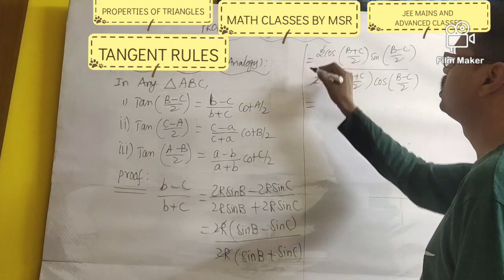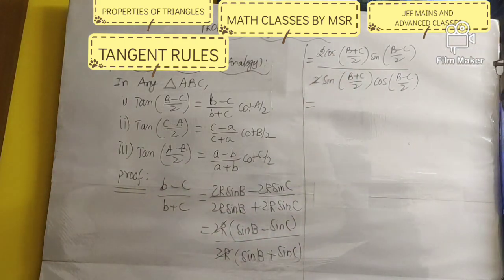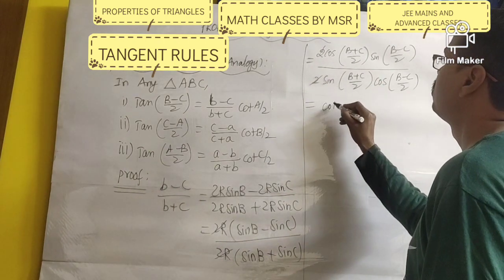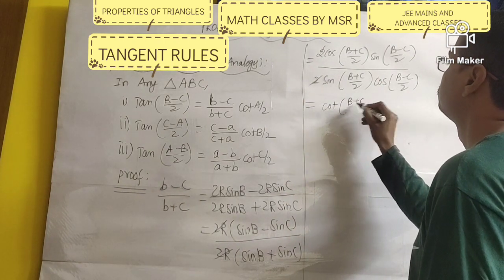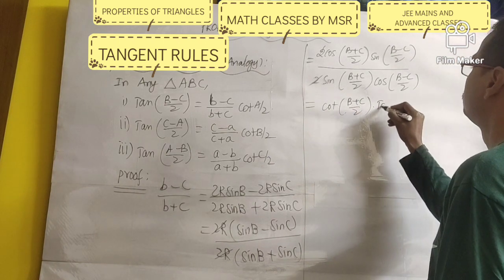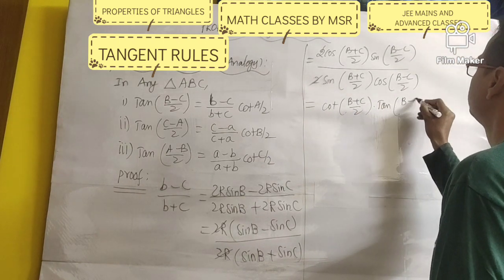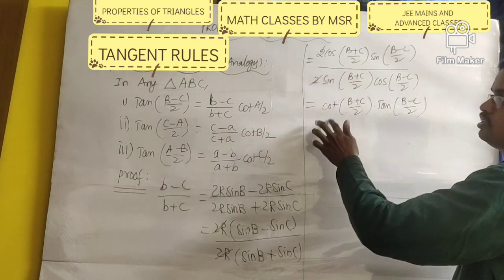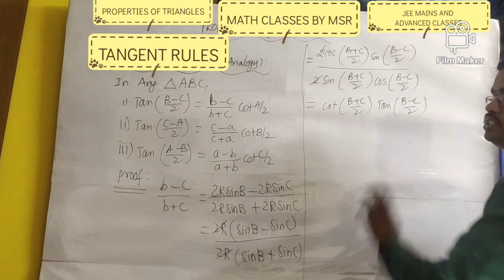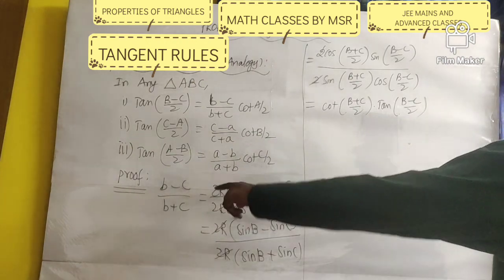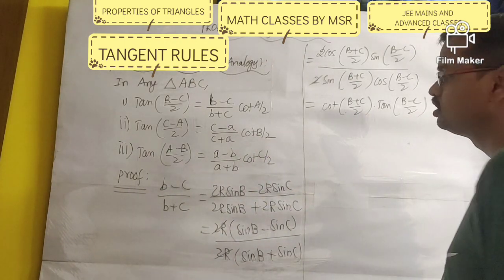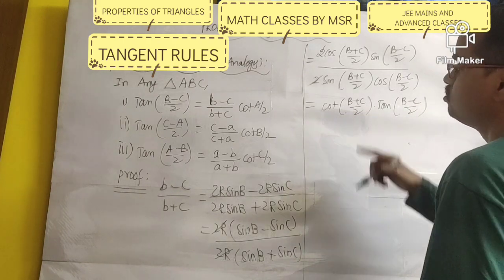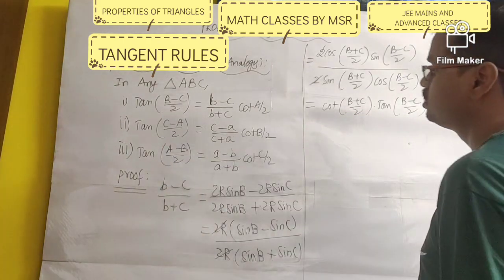The 2 and 2 are cancelled. You will get here cot of (b plus c) by 2 into tan of (b minus c) by 2. Yes or no? Cos by sin is cot, sin by cos is tan. Now (b minus c) by (b plus c) is equal to this value we got here. Now this cot of (b plus c) by 2, if you send that side, what does it become?